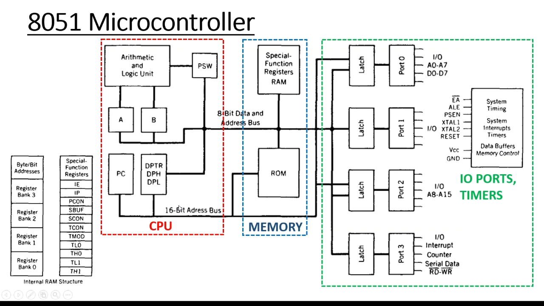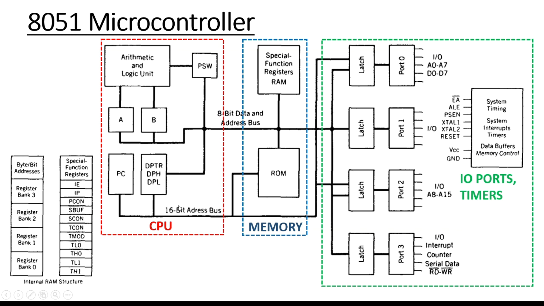So this is the detailed diagram of the microcontroller. In general, it has CPU, memory, IO ports and timer, and every component is arranged in these three sections. The CPU has an 8-bit ALU, PSW, A and B, program counter, DPTR.